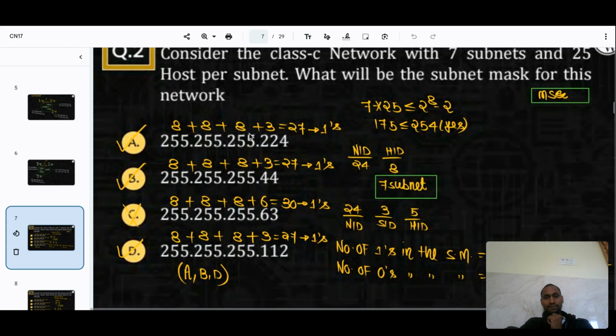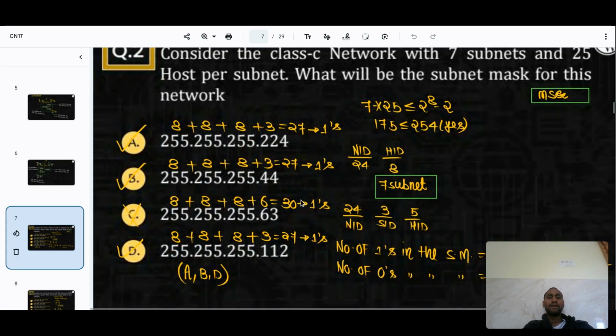8 plus 8, 255 means 8 bits. So 8, 8, 8, and 224, that is 128 plus 64 plus 32, which is 3 bits, that is 27 ones. So that is correct. Here also 8 plus 8 plus 8 plus 3 bits. Next, 32, 8, 4 is obviously 3 bits, so it is also possible.